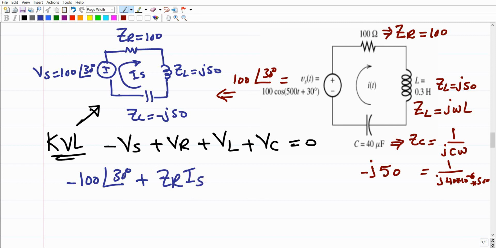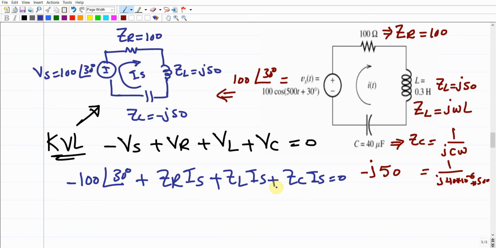This is like resistance, so it should be the impedance Z times the current over this resistor, which is Is. So it's Zr times Is, plus VL. VL should be ZL times Is. So it's ZL times Is, plus VC, which is also ZC times Is, equals 0.